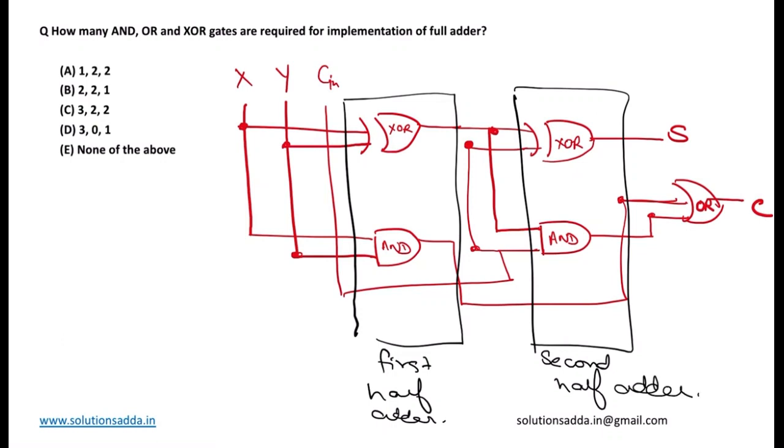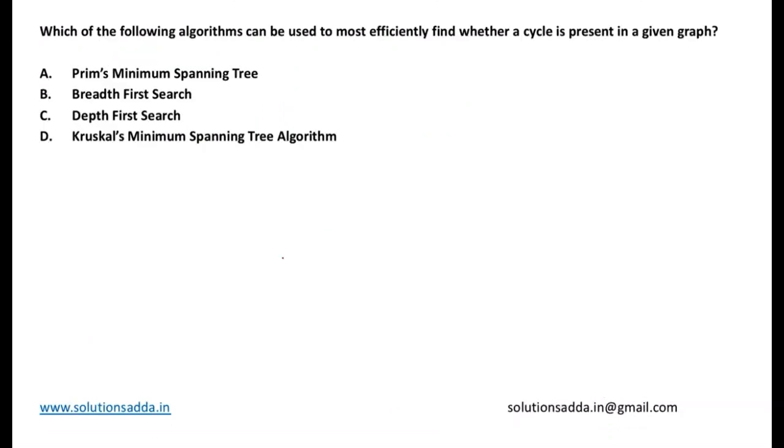Okay, so now we can see that 2 XOR gates are required, 2 AND gates are required, and 1 OR gate is required. So AND is required 2, OR is required 1, and XOR is required 2. 212 is not in option, hence option E is the correct answer for this question.